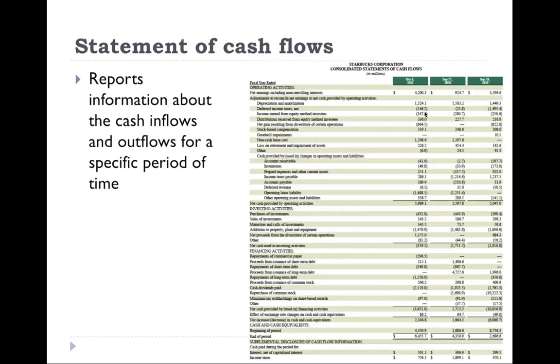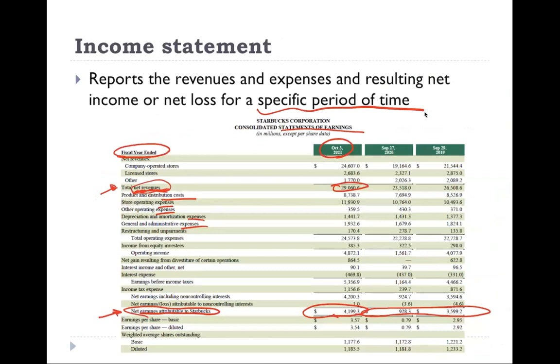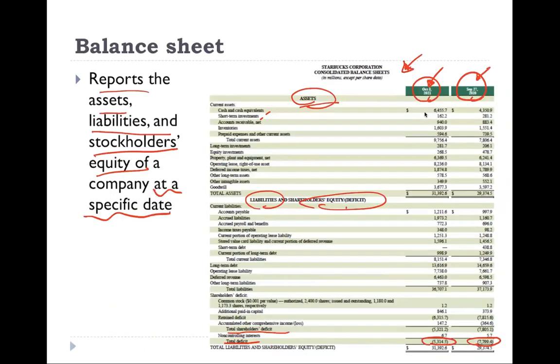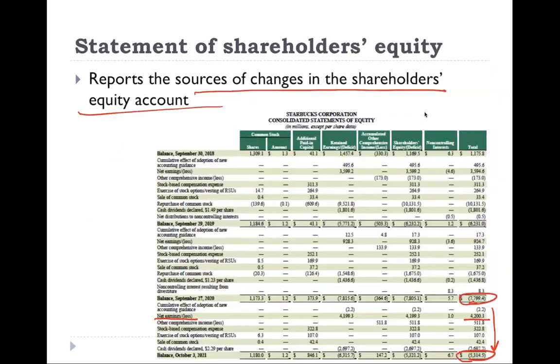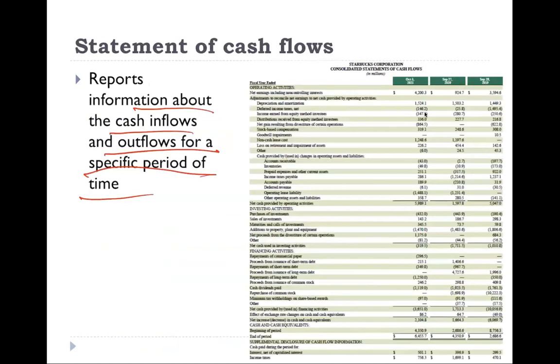Statement of cash flow. The statement of cash flow reports information about cash inflow and outflow for a specific period of time. For example, you can see on the firm's balance sheet that Starbucks' cash at the end of the year is 6455.7, and we can see on the cash flow statement that the cash balance is also 6455.7.